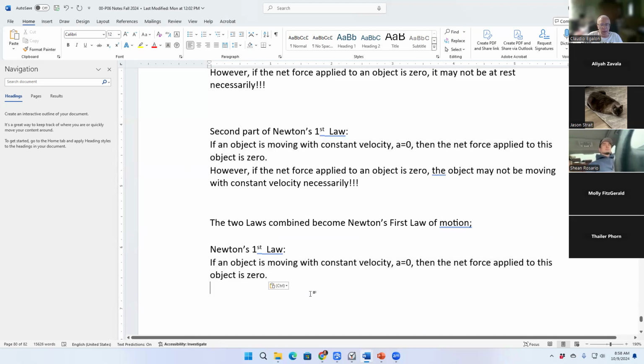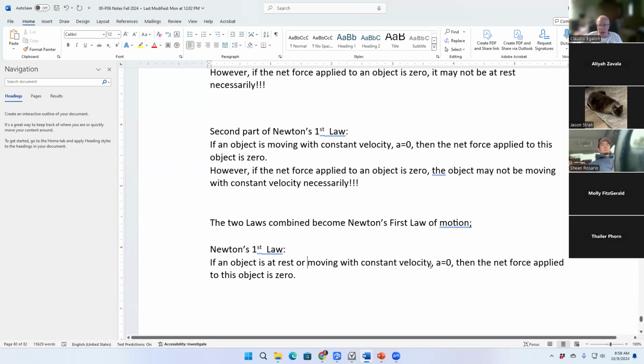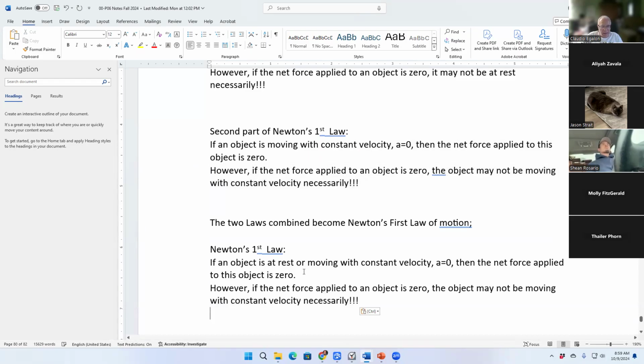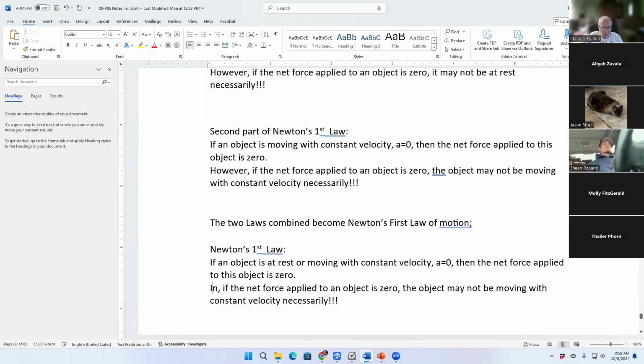If an object is at rest or moving with constant velocity, then the net force applied to this object is 0. In this case, the converse is also true.